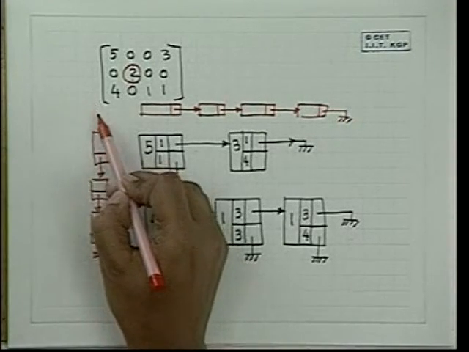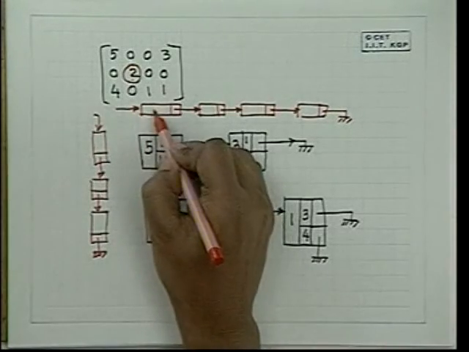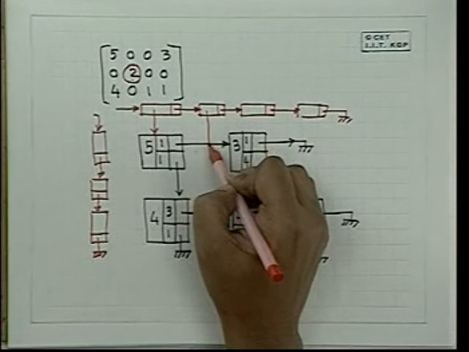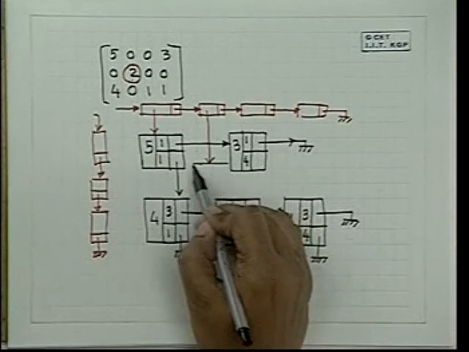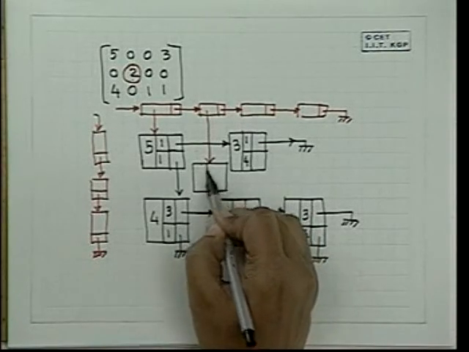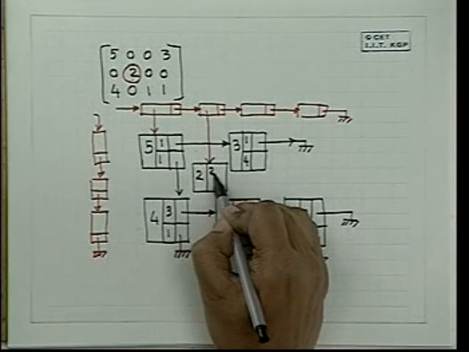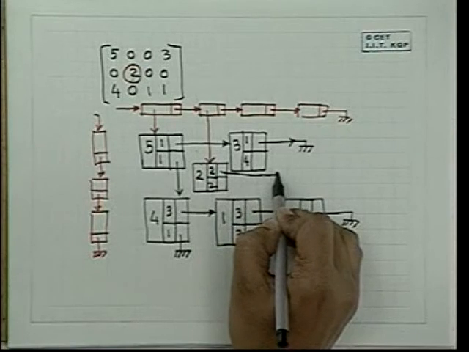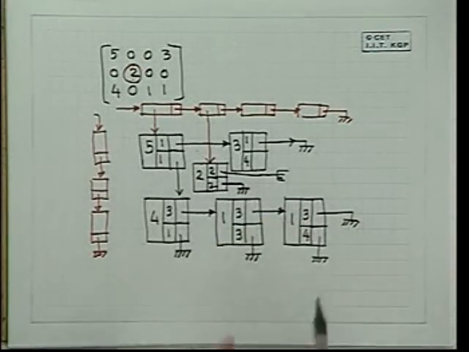All right. So, this is the row and this is the column. This will point here, this will be pointing to that second element. Now, this can be grounded and this can also be grounded, there is no difficulty.